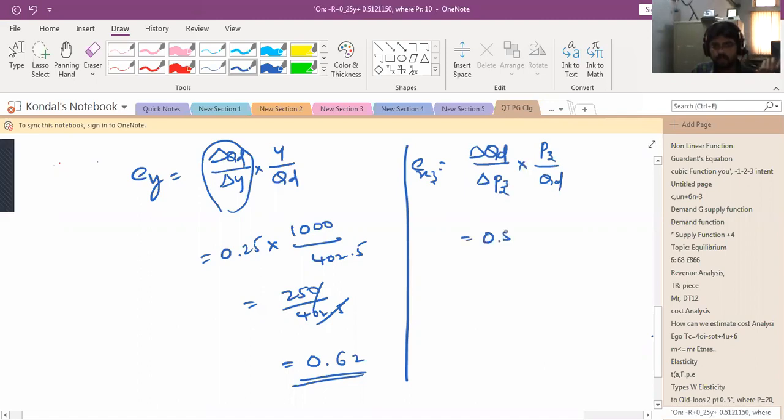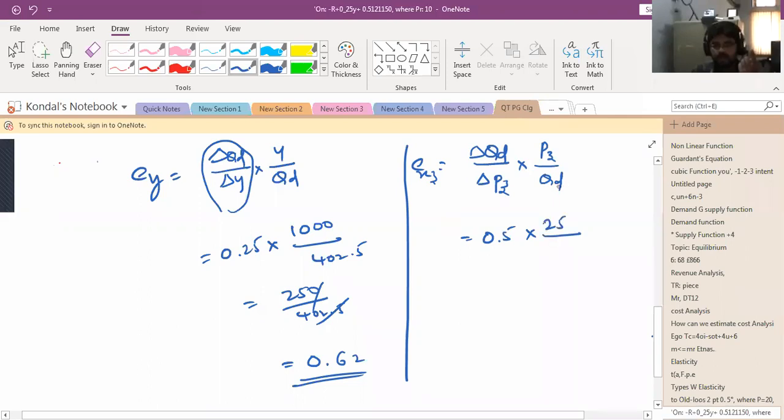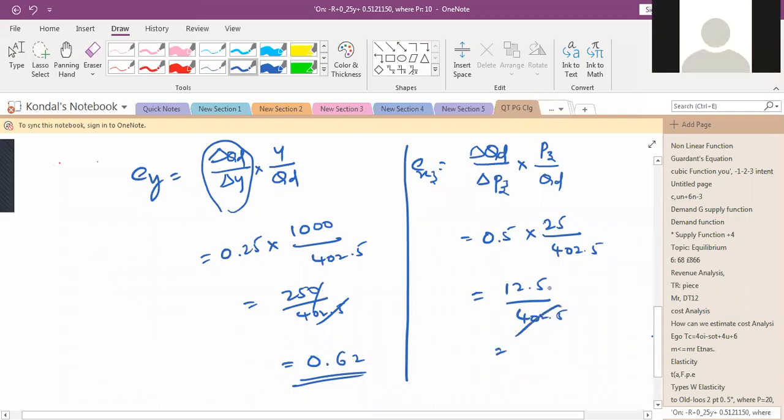The slope is 0.5 into what is the Pz value here? They have given 25. So divided by Qd, that is 402.5. So 0.5 into 25, you will get 12.5 by 402.5. So when you cancel it, you will get 0.03.